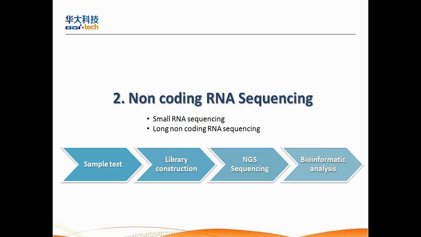But for the resequencing one, since you already have a reference genome or a reference transcriptome, you don't have to do the novel assembly. You just have to map all the sequencing reads to the reference genome or transcriptome. So this is the only difference.